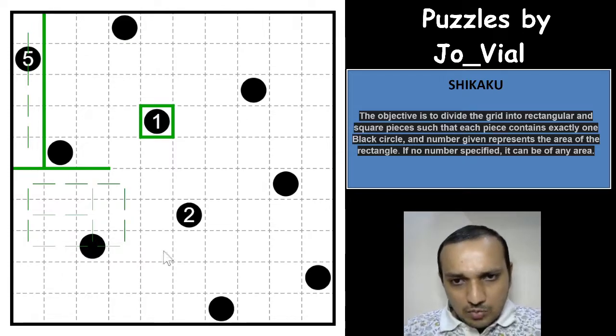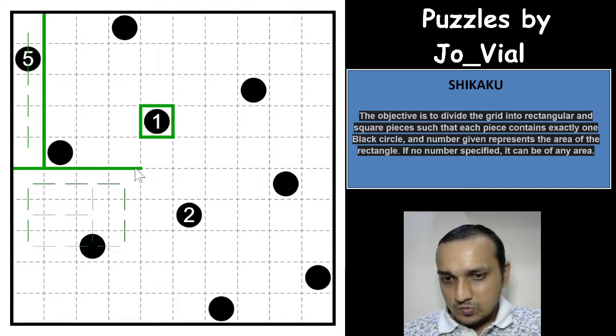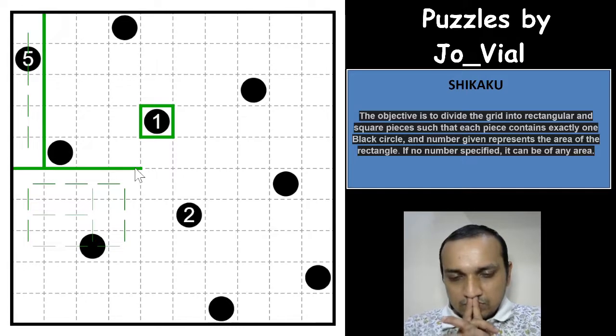Okay, what about this cell now? It can be taken by this circle using this area. Okay, possible, no doubt. Come on, there should be something that we are missing here.